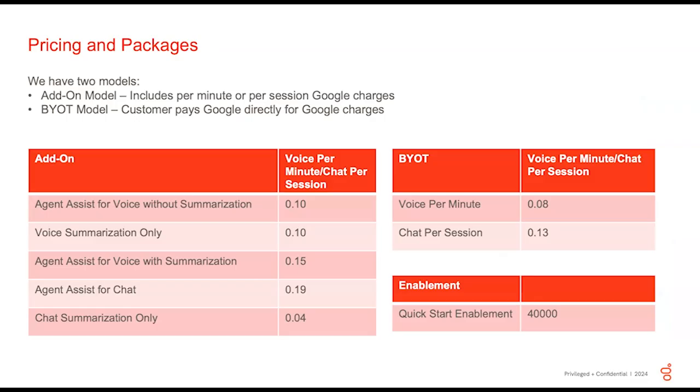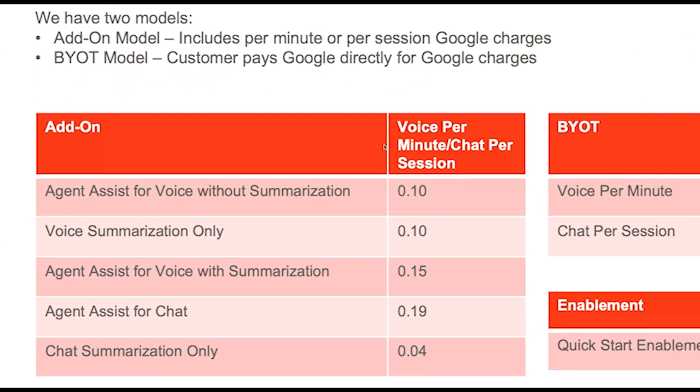So in terms of pricing, there's actually two models that we're offering. The first is what we call our add-on component, and the second is bring your own tech. With the add-on component, you just subscribe and pay Genesys one flat fee for these components. So whether you want Agent Assist without summarization, or both of them, or only for chat, you'll pay this list price on the left here.